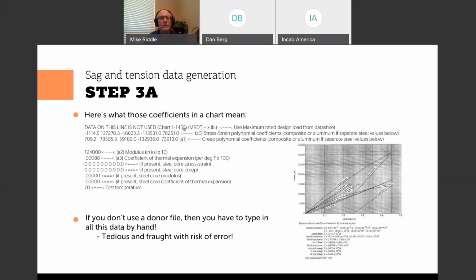If you don't use a donor file, you would have to type in all of this text data by hand. And that would be at best tedious. And if you get one of these numbers wrong, you risk having incorrect sag and tension calculations, and that would be bad. So I never start from scratch with PLS CAD. I always start with a donor file.